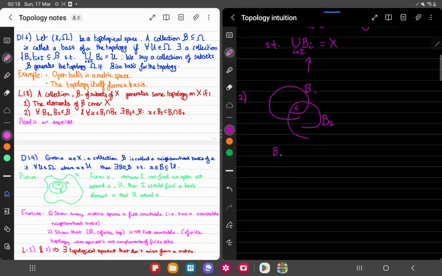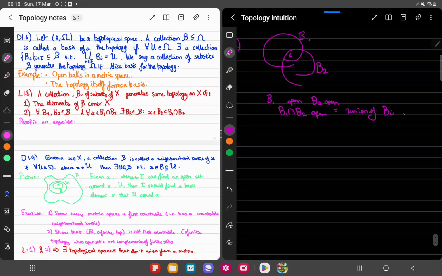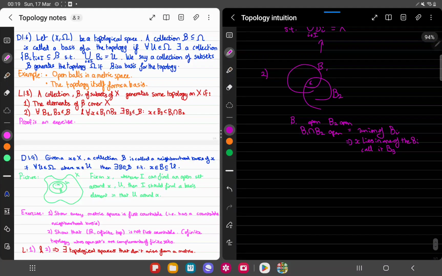So B1 is open, B2 is open, B1 intersect B2 is open, and so it equals the union of some B_i. And so X lies in one of them, which implies X lies in one of the B_i. Call it B3. I think that's how you're supposed to do these things.